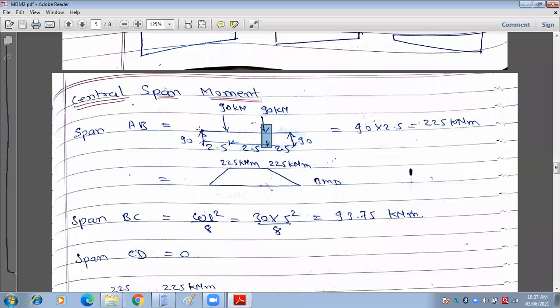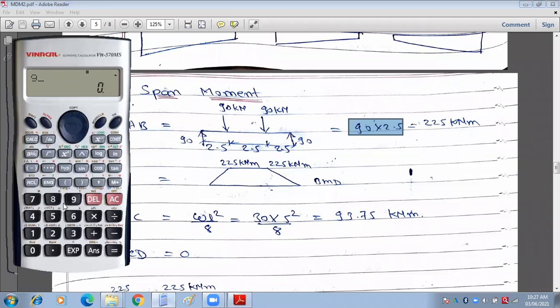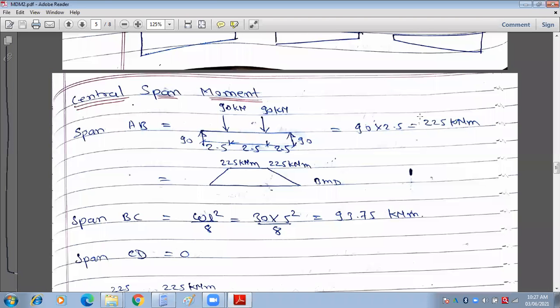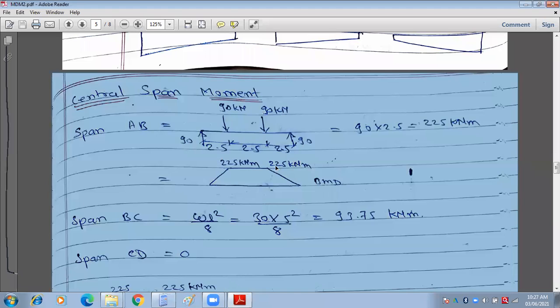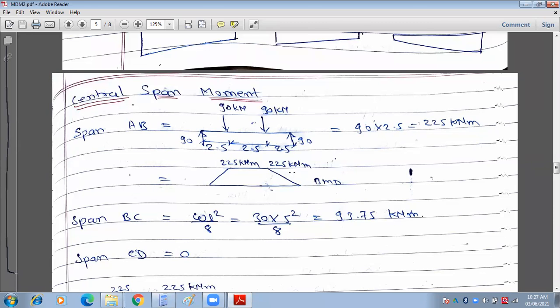Force into perpendicular distance, 90 into 2.5, becomes 225 kilonewton meter. This is the moment at this location as well as this location. This is nothing but the BMD for AB.